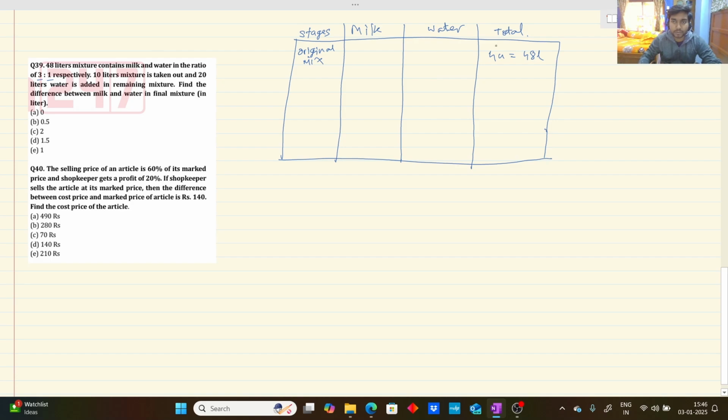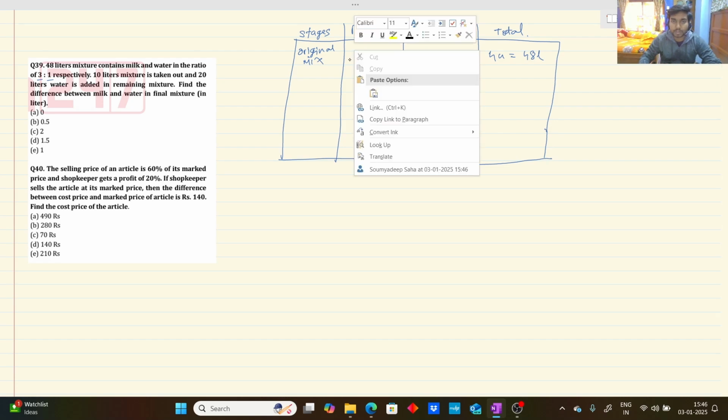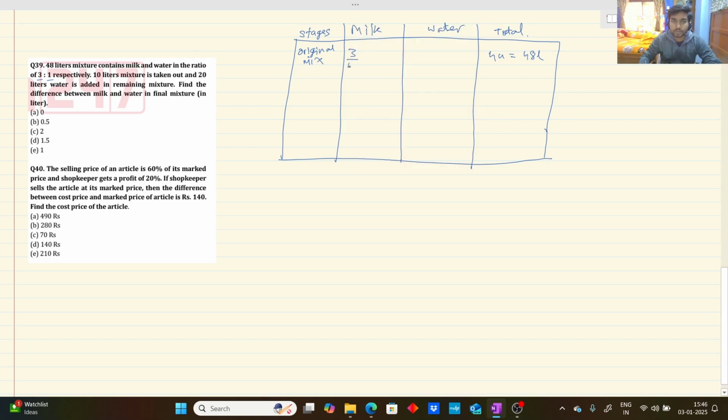Out of that, 3 units out of 4 units of 48 liters is our milk, and one part of the total 4 units is my water, that is 36 liters milk and 12 liters water, right?